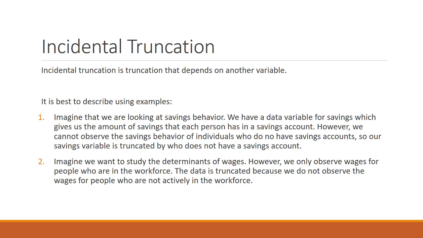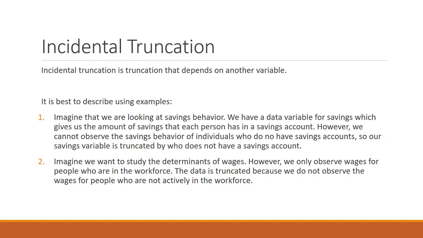All right, so our savings variable is truncated by who does not have a savings account. That means we only observe it for people that have a savings account. If they do not have a savings account, the value of their savings is missing from the data set. So it's truncated. It's missing. We're missing data.